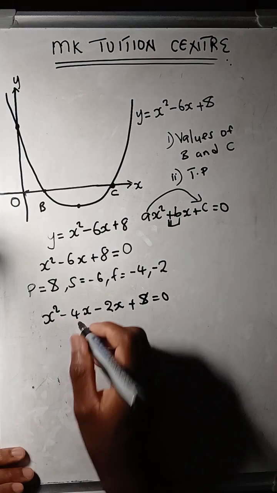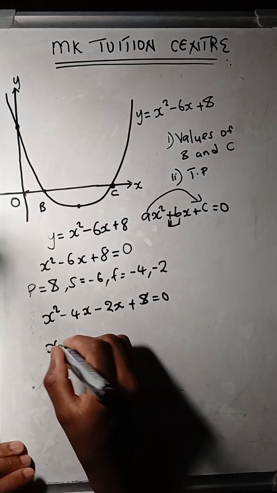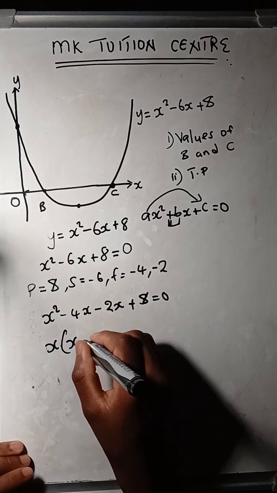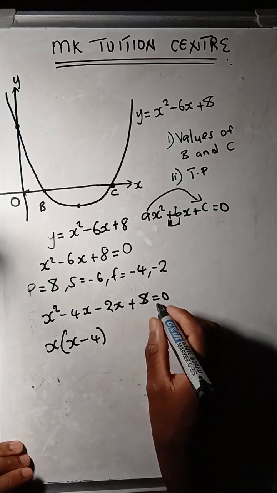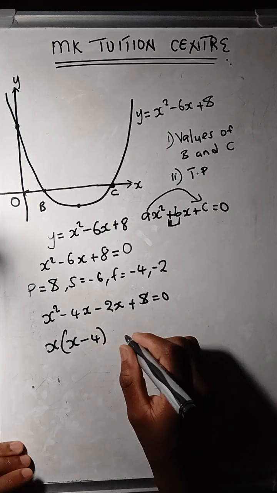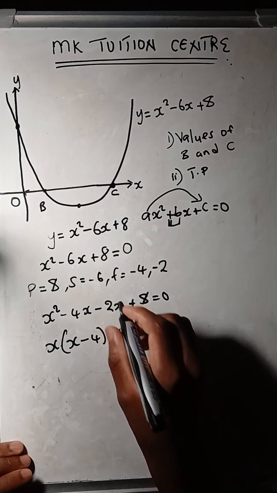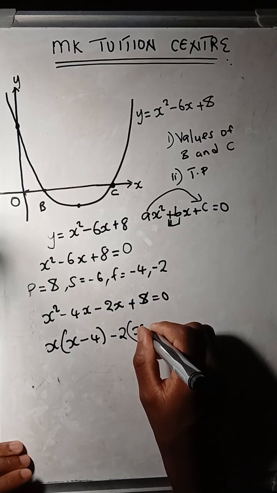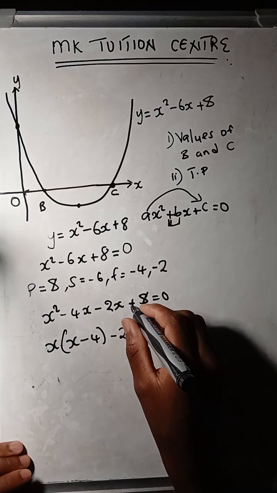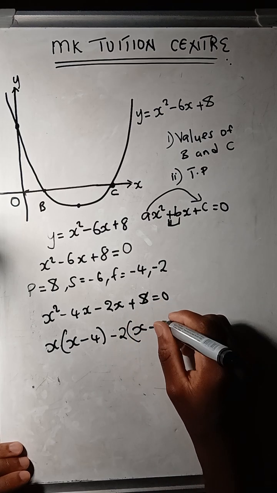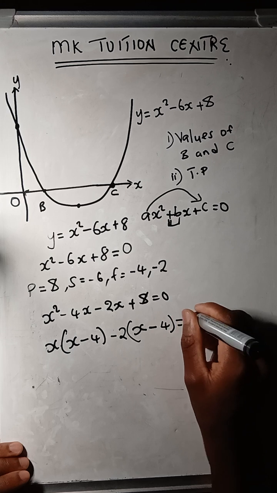What is common here for these first two? x is common. So x into x squared, x into negative 4x, we're going to have negative 4. Here, what is common? We can take out negative 2. So negative 2 into negative 2x, we're going to have x remaining. Negative 2 into 8, we're going to have negative 4, equals 0.